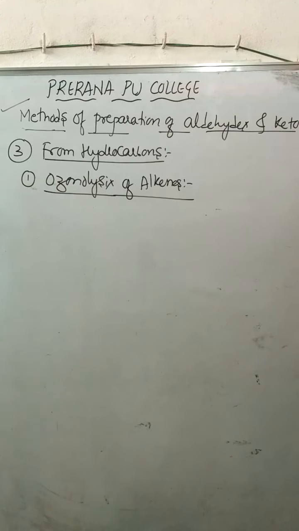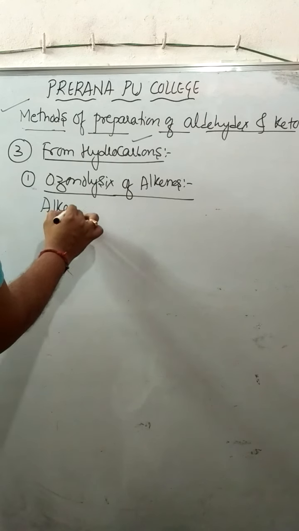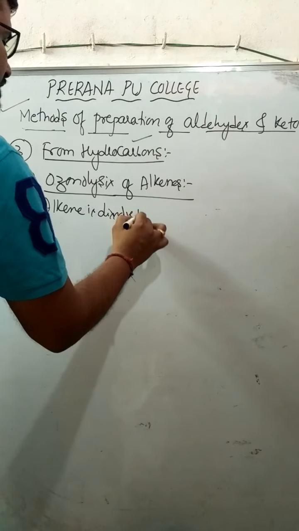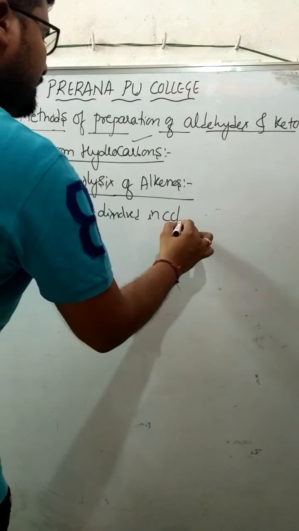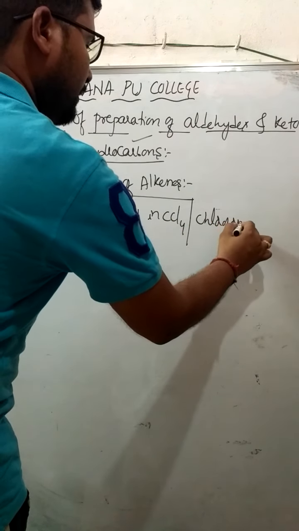So now let us discuss the third method of preparation of aldehydes and ketones, a heading called ozonolysis of alkenes. So here, when it comes to ozonolysis of alkenes, one should know that the alkene is dissolved in carbon tetrachloride or in chloroform.